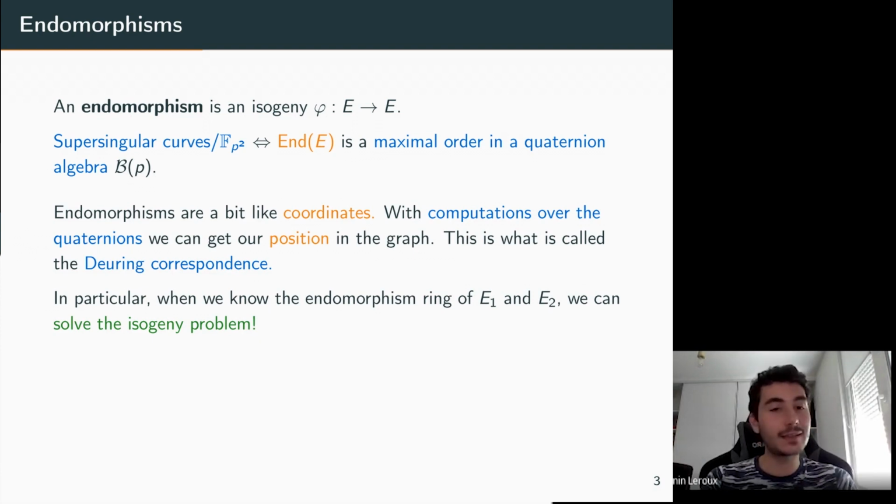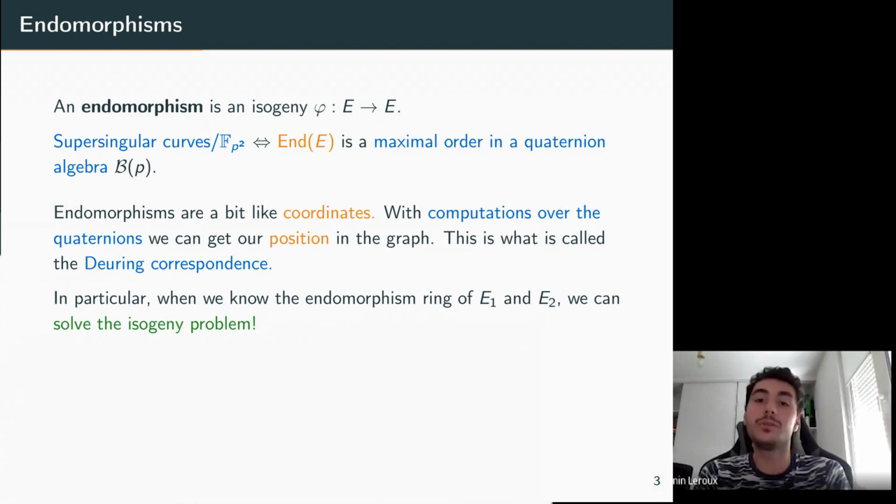In this case, endomorphisms can be seen a little bit like coordinates. This graph that I have is huge, and I don't really know how to navigate inside of it unless I have some coordinates. It's a little bit like I give you a map, and then I give you exactly where you are in the map using those coordinates. So this will help you navigate inside the graph.